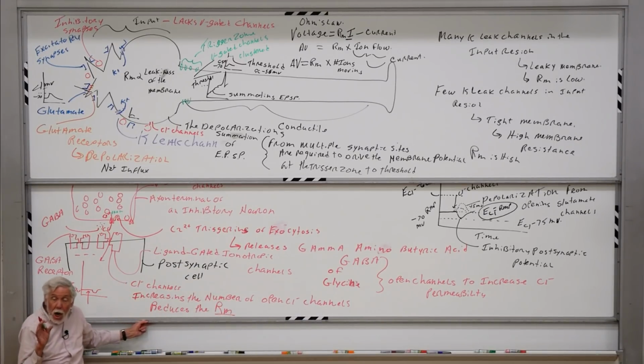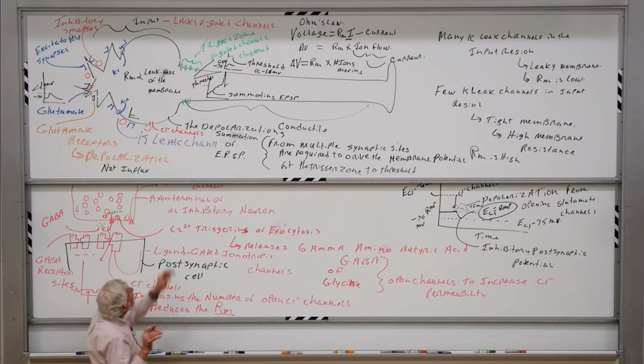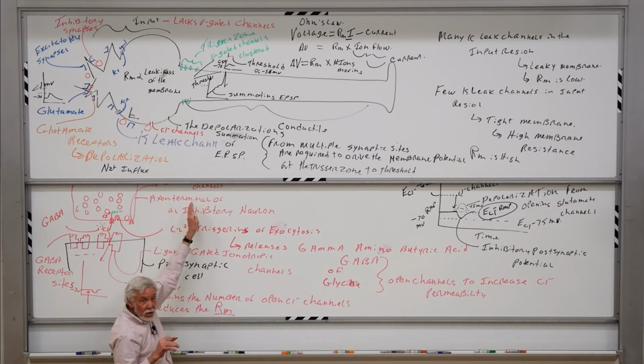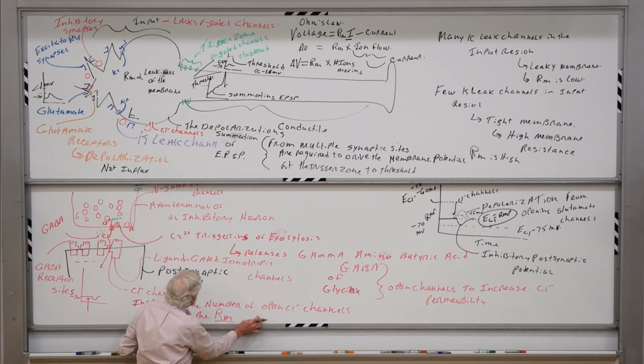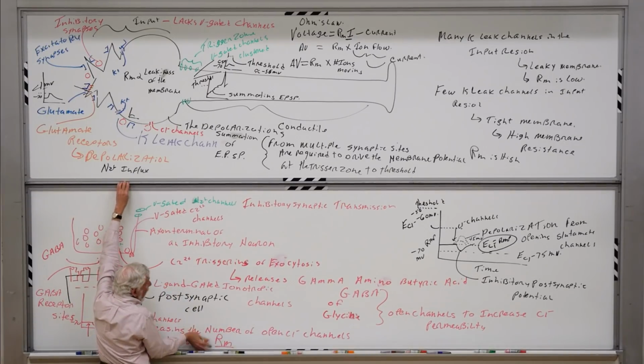So initially we talked about affecting R sub m simply through the use of the leak channels. But now we have an additional way to do that. We can now affect R sub m by opening the chloride channels.